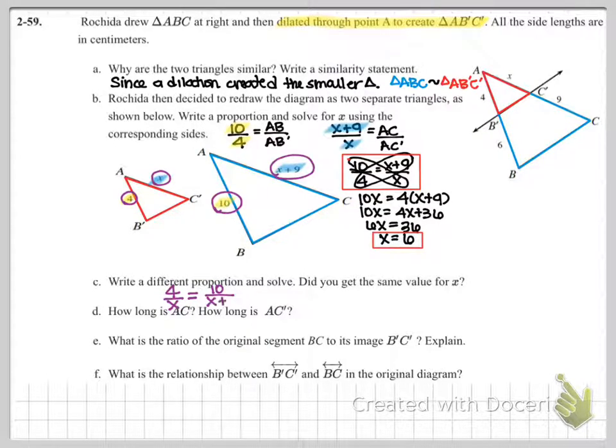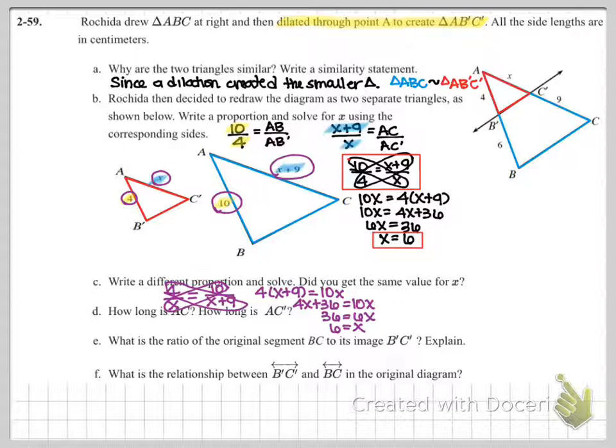It's another proportion. It should give you the exact same answer. So let's make sure here. We have 4 times x plus 9 equals 10 times x. You see you get the exact same equation that pops up stemming from a completely different proportion, which is totally fine. We still get x equals 6.